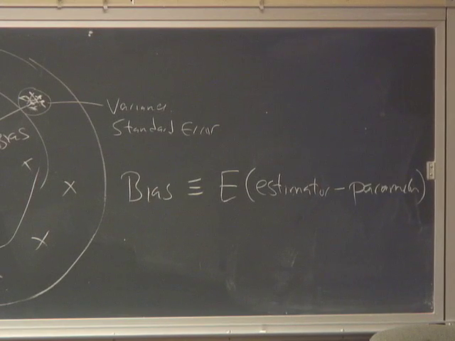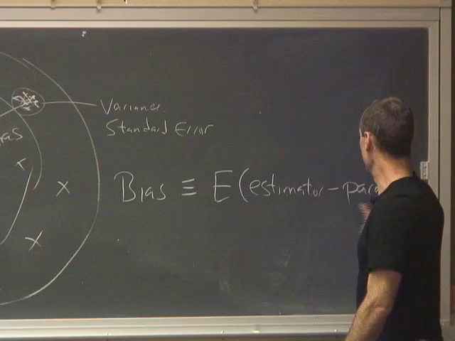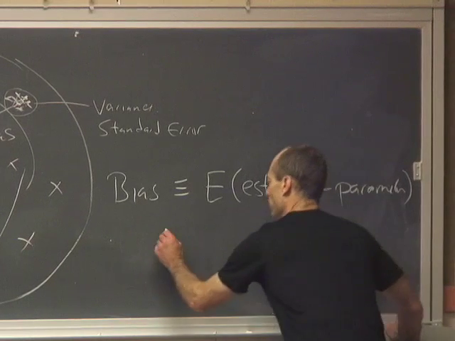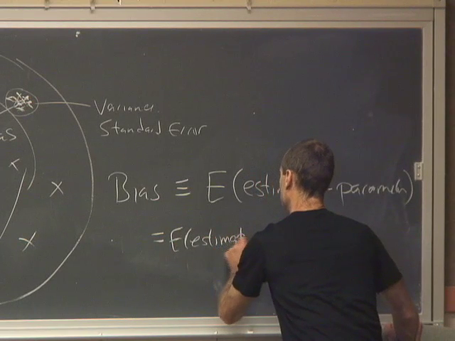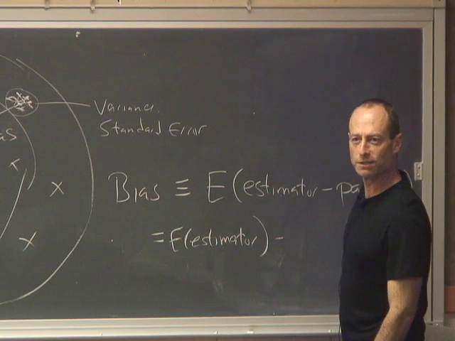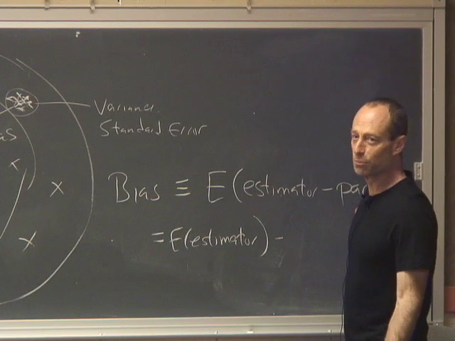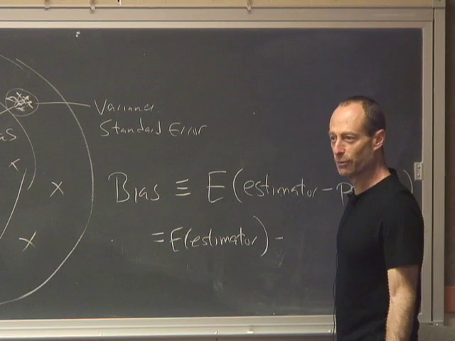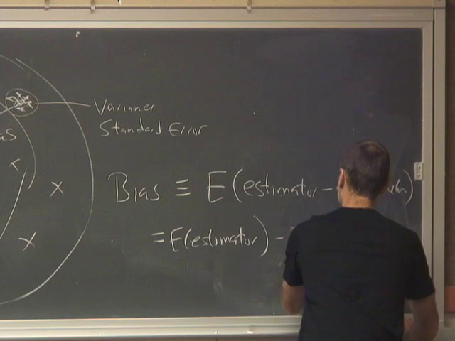How does that compare to the parameter? So remember, expectation is linear. So this is equal to the expected value of the estimator minus the expected value of the parameter. What's the expected value of the parameter? It's just the parameter itself, right? Because the parameter is a constant. So the expected value of a constant is a constant. So this is just the parameter.